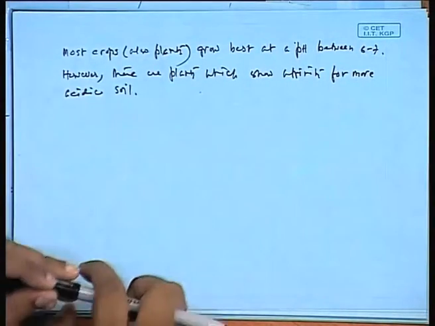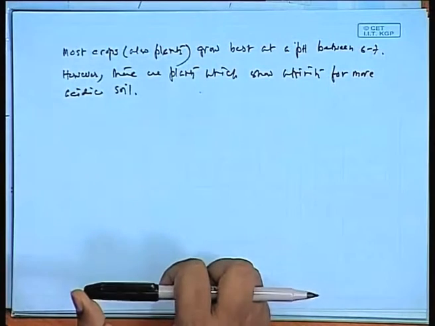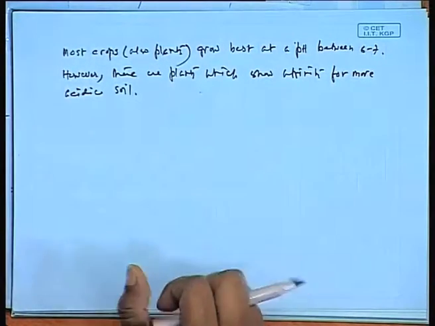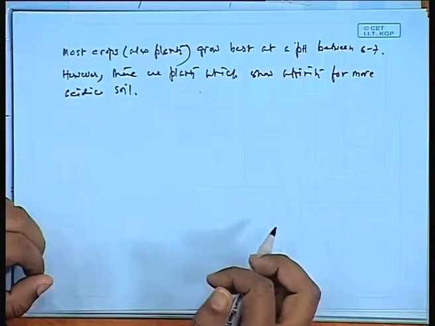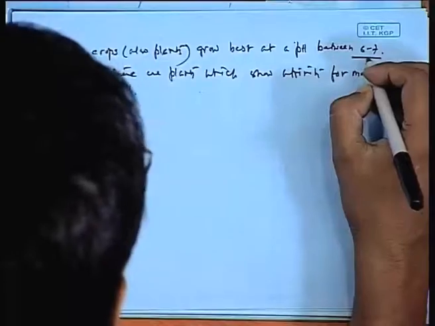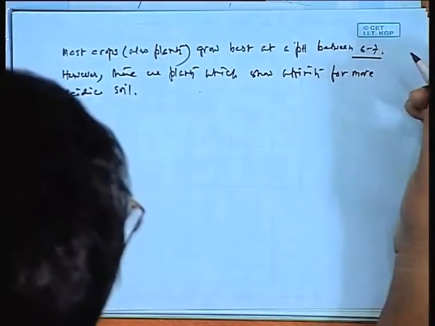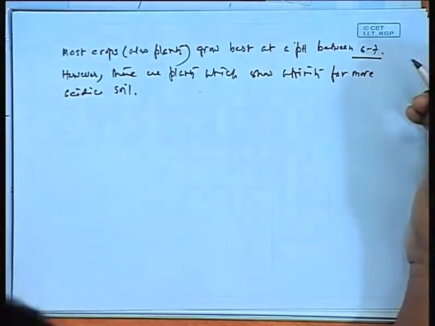But then again, that is always possible, that is always the situation that we can think of. So, where there will be most crops are plants that we would generally try to keep between 6 to 7. However, there are plants which show affinity for more acidic soil.